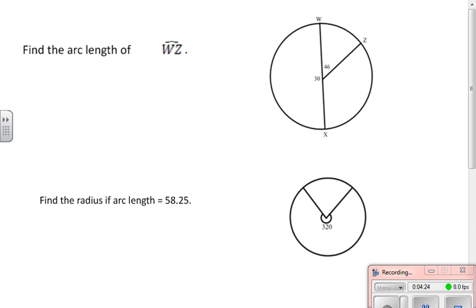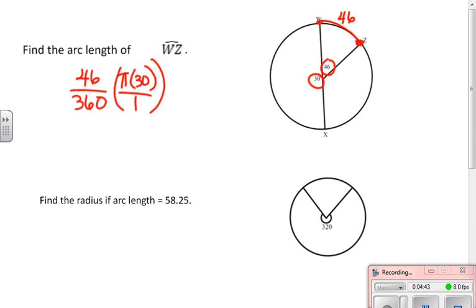If we look at the arc length of WZ, our arc is 46 degrees, so my portion is 46 over 360. My diameter is 30, and then I can work out the math. Again, I'm going to go ahead and cancel 30 and 360, have a common factor, and cancel to leave 12 in the denominator.